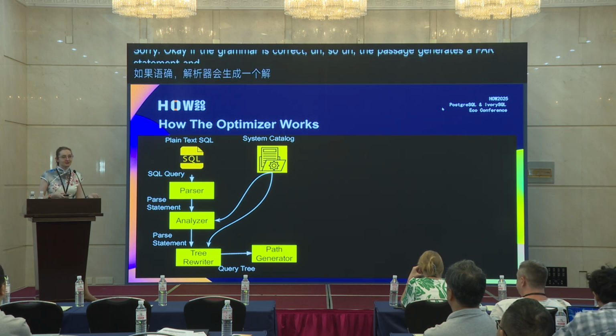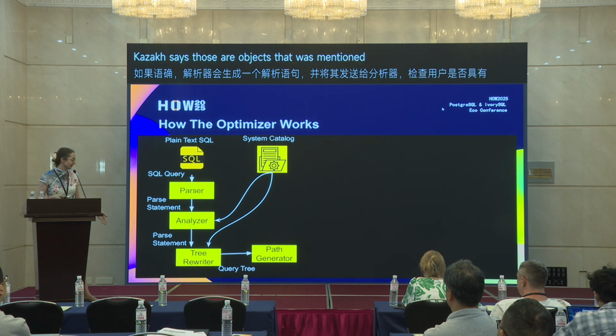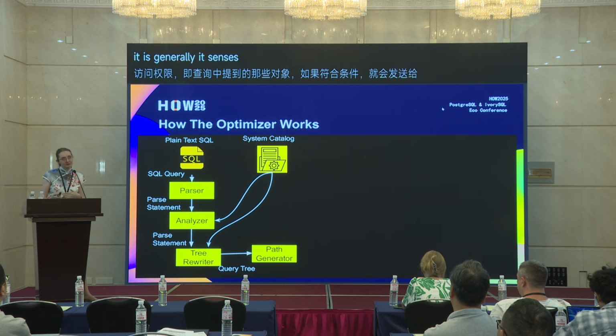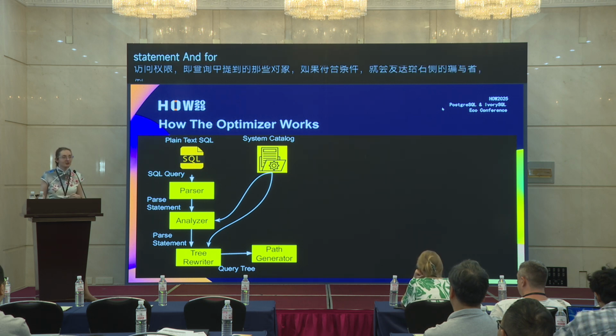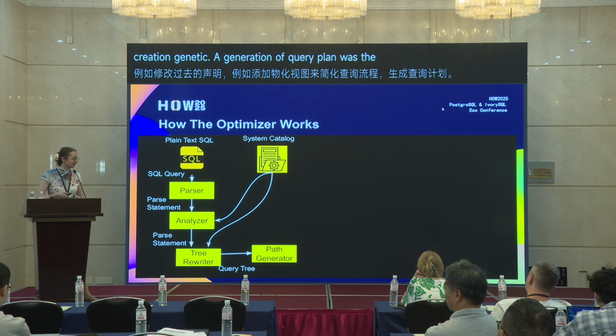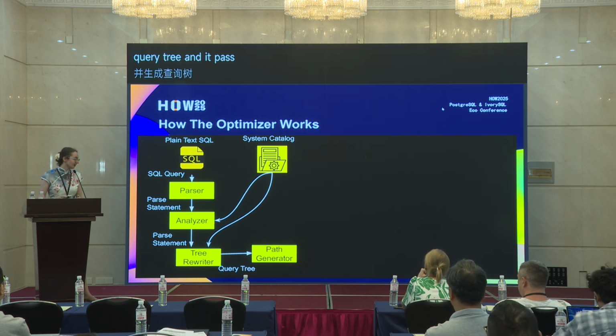Analyzer checks that the user has access to the object that was mentioned in the query, and if it is okay, it sends it to tree rewriter. Tree rewriter can modify parse statement. For example, it can add materialized view to simplify the process of generation of query plan for this query. And it generates a query tree, and it sends it to path generator.